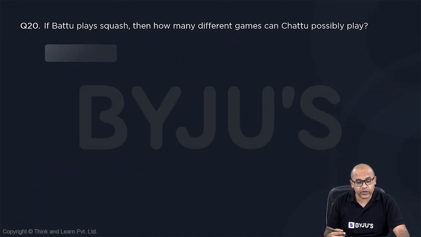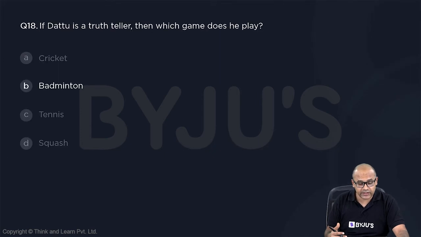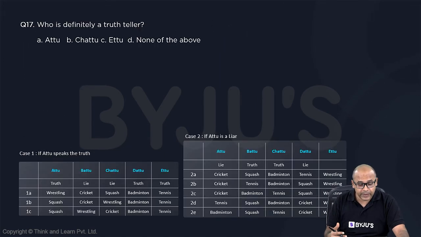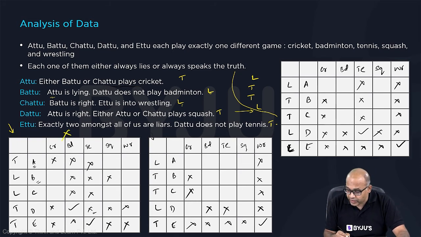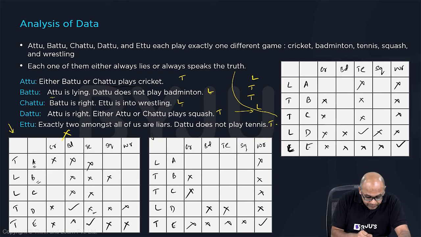And finally, the last question, if B plays squash, then how many different games can C possibly play? So B is playing squash. Let's take a look at it. Let's take the case where B plays squash. Where can it be? B is playing squash, not the first table. B can play squash in the other two cases. So if B is playing squash, let me take both the cases.